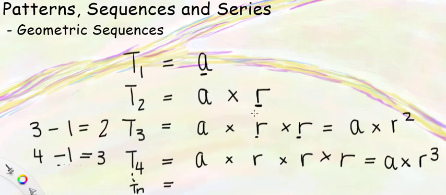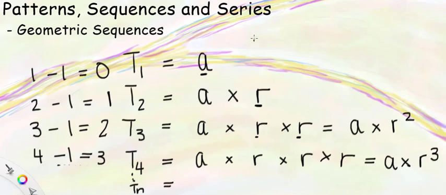Oh, that looks like a pattern. Let's look at term 2. You have 2, and you subtract 1. Yes, and you get the power of R, which is equal to 1. Nice. And let's do the last test for term 1. You have 1 minus 1, which is equal to 0. We don't see R at all.